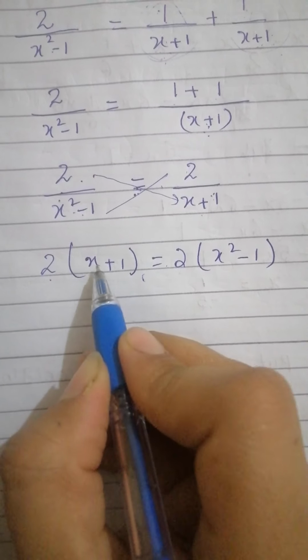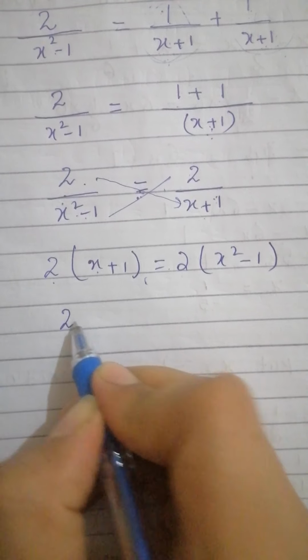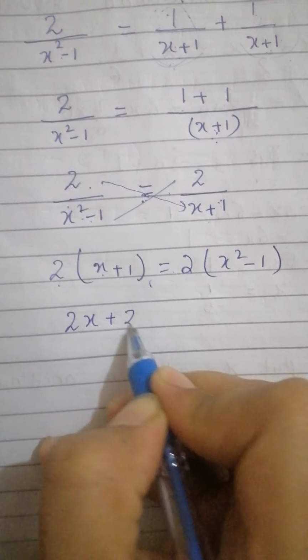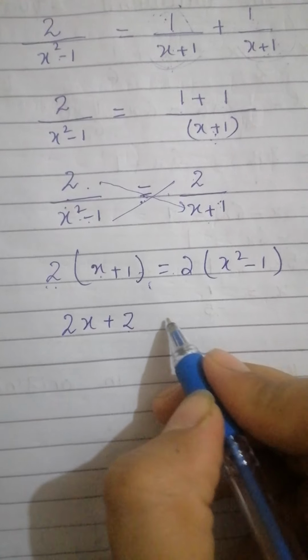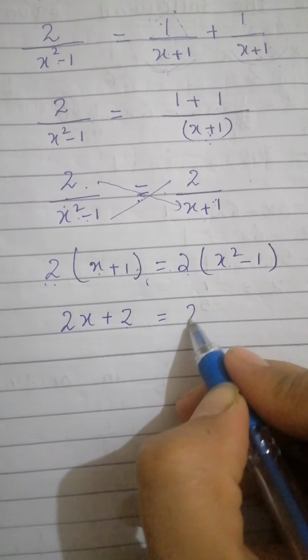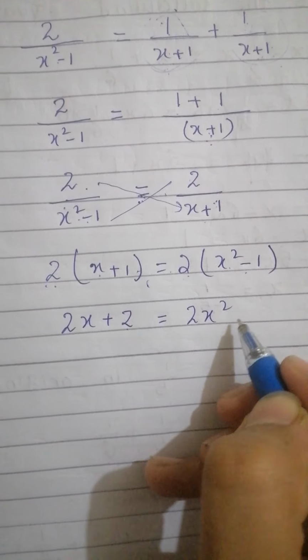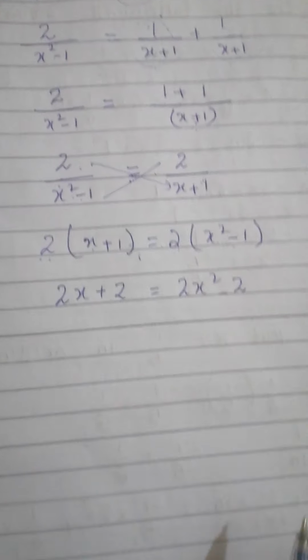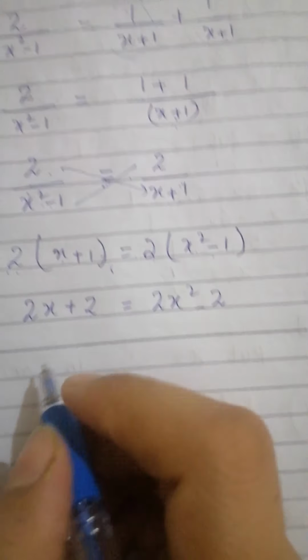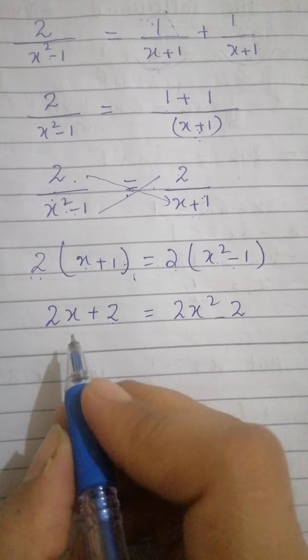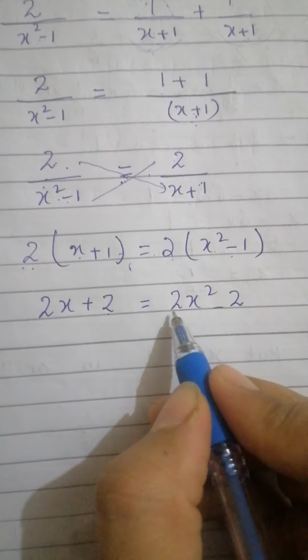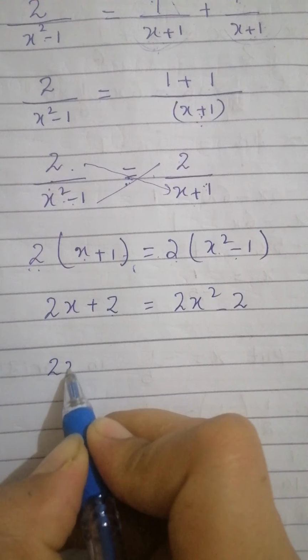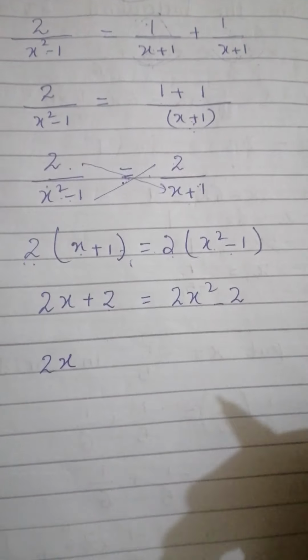Okay, now you can see 2 is going to multiply with x, 2x plus 2 one time 2 is equal to 2x square minus 2. Okay, now I will arrange the equation in a way that you will write all the numbers on one side and the other side will become 0.